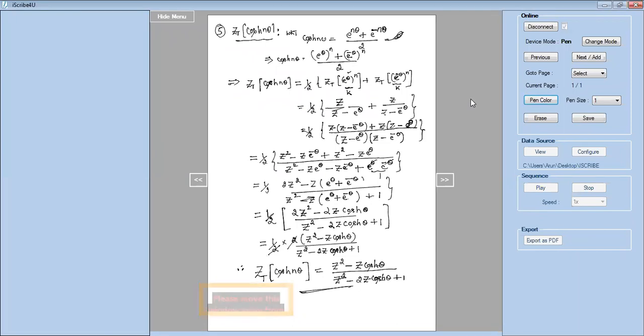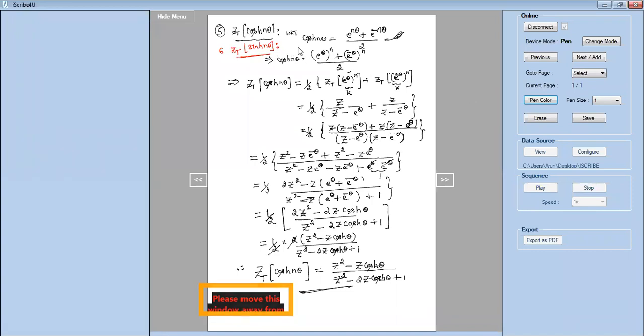The sixth one I'll write here itself. Z transform of sin h n theta. So I'll write in this place only because it is almost similar. If you do cos h n theta, sin h n theta is easy.